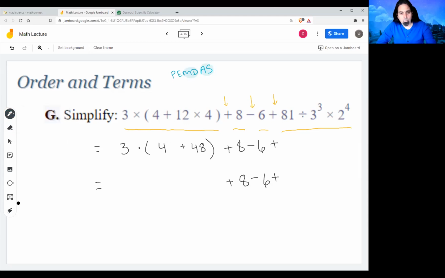And if you're thinking that way, then you would do multiplying before addition. Or maybe you were thinking within that parentheses, the 4 is a term and the 12 times 4 is a term. Both ways of thinking get you to the same thing, where let's put the 12 and the 4 together first. 12 times 4 is 48. And then indeed, the next thing to do is 4 plus 48.